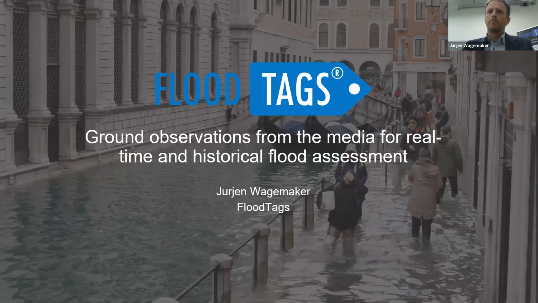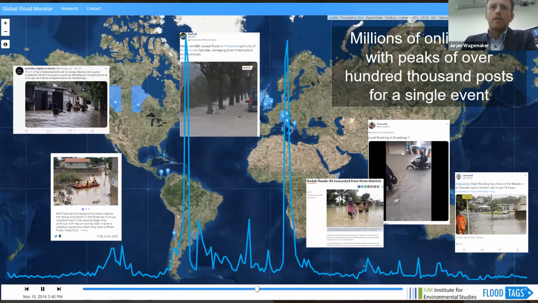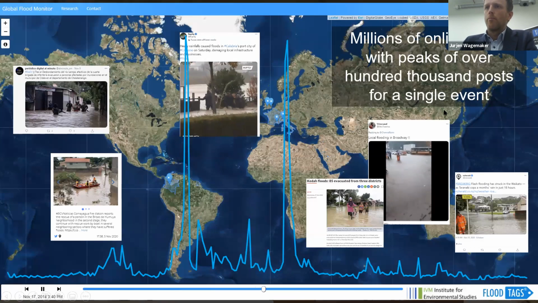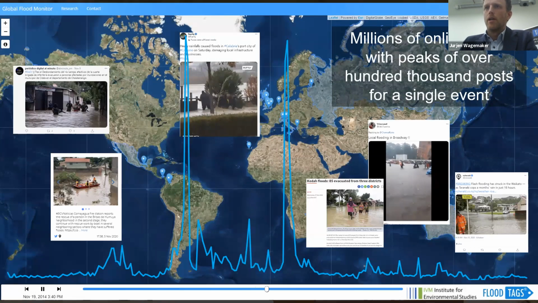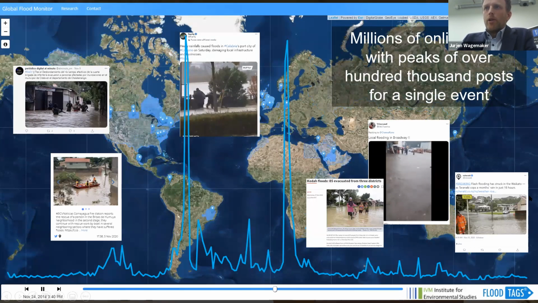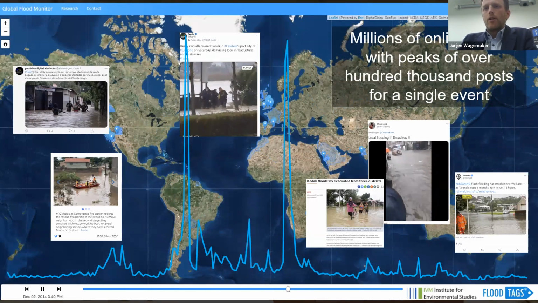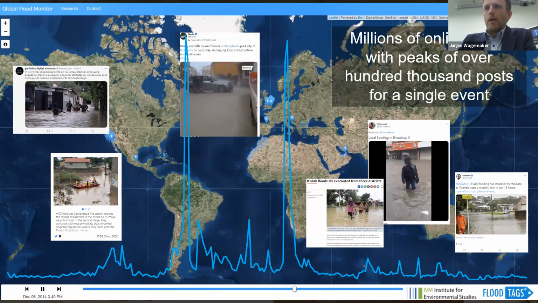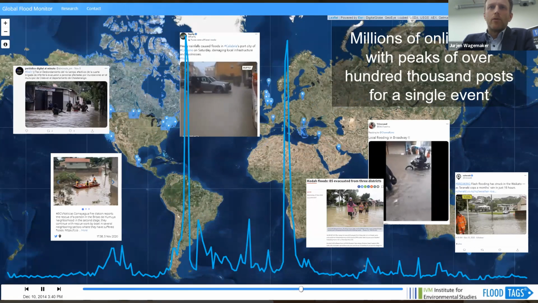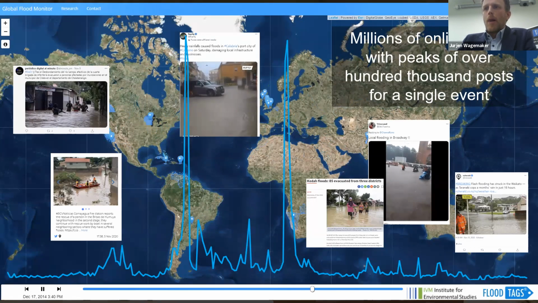First, for those who don't know us at all yet, our starting point is actually that there's millions of online posts on floods throughout the world. Peaks of up to 100,000 tweets, for instance, when it floods.